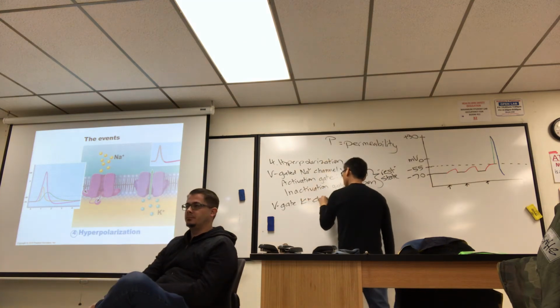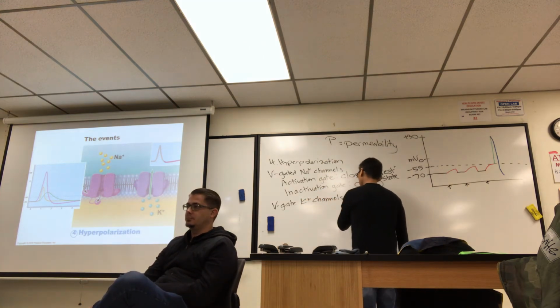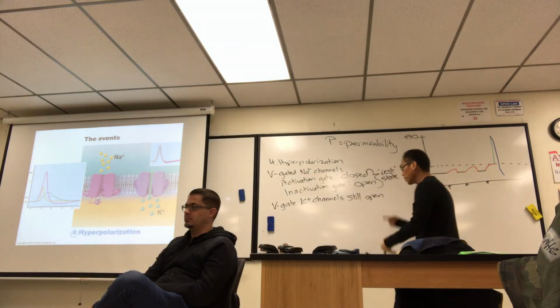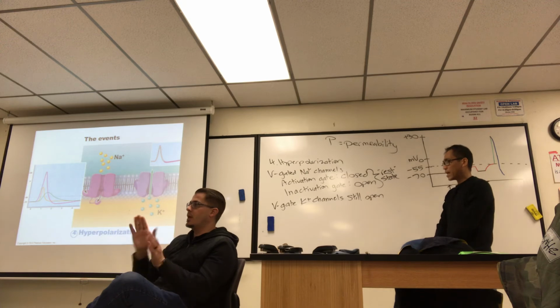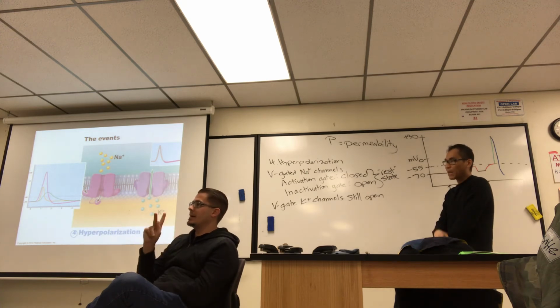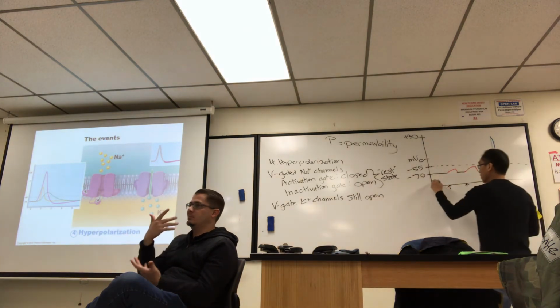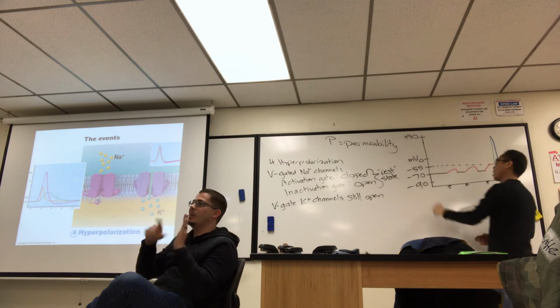Okay, so V-gated potassium channels, I'll say still open. This is what is allowing more potassium efflux, and you're hyperpolarizing the membrane potential. So, I don't know, let's put a number to it. How about -90?